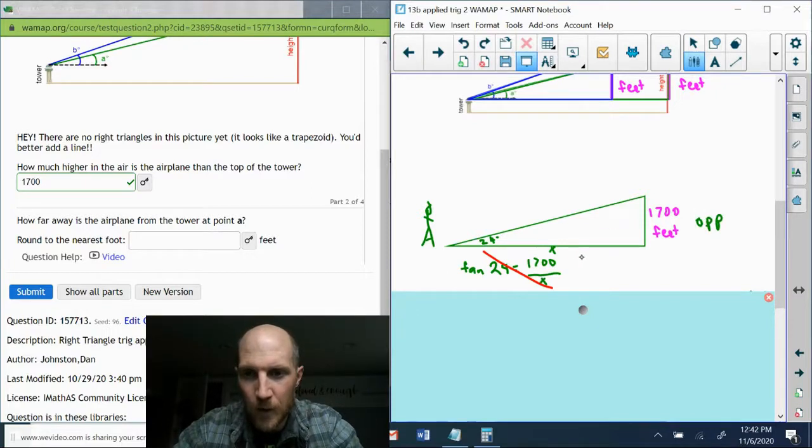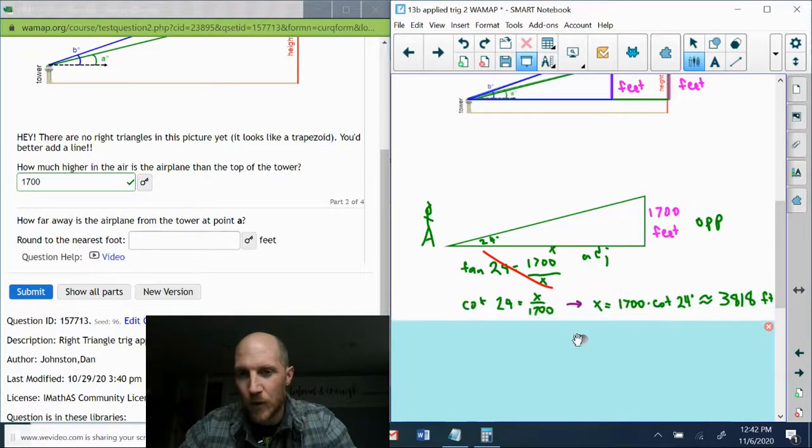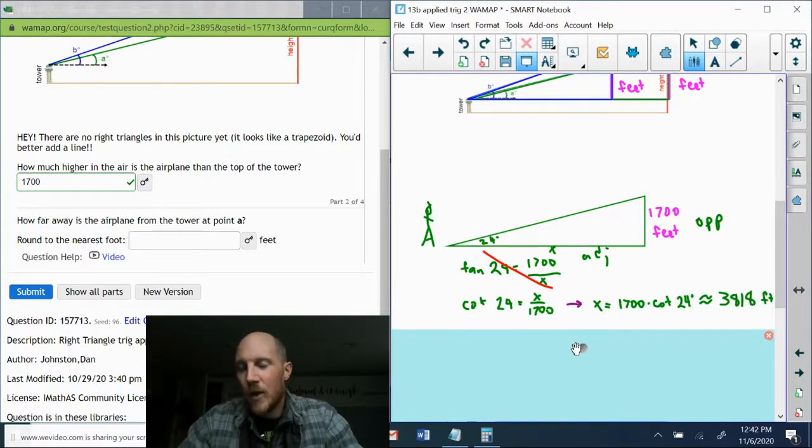Opposite is 1,700 feet and adjacent, I don't know that. I labeled it as an X. So my two choices are either tangent of 24 degrees is 1,700 over X, or I can use cotangent. You could actually do either one. I chose to use cotangent because I'd rather have the variable in the numerator. So I evaluated cotangent 24 multiplied by 1,700.